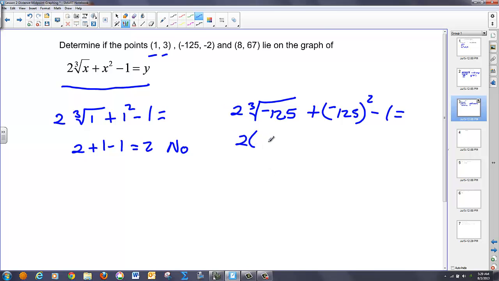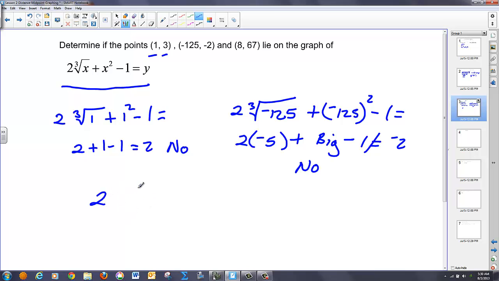Cube root of 125 is negative 5 plus, well, this guy's just big. I'm just going to put big because I don't want to calculate it. And there's no way that's going to equal negative 2. So this is a no as well. So hopefully this last one works, but we'll check it out anyways.